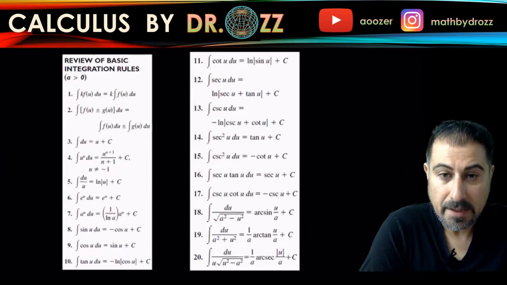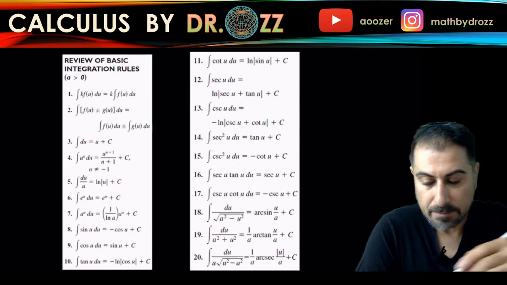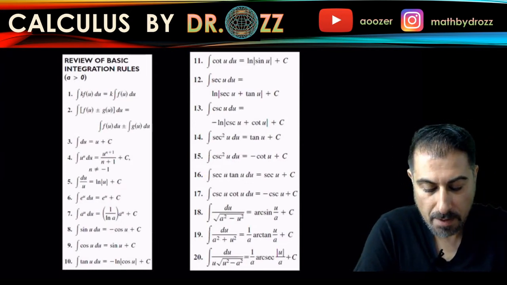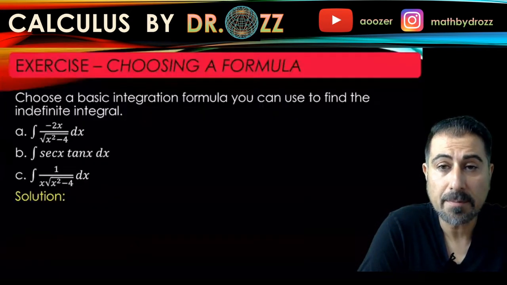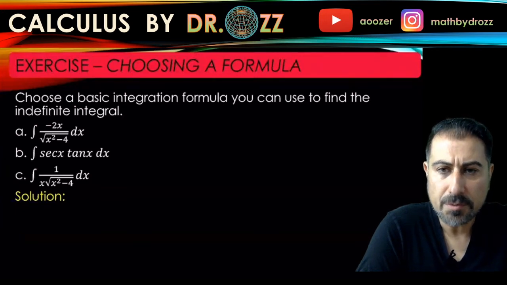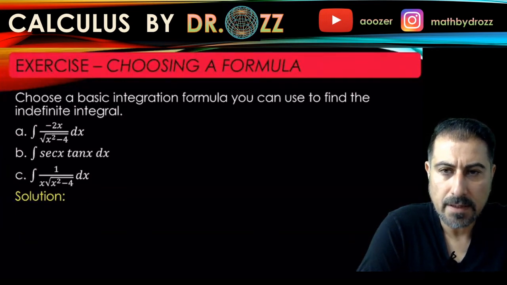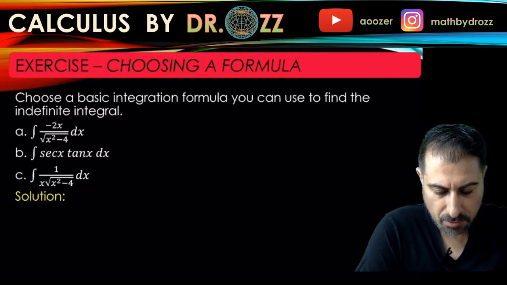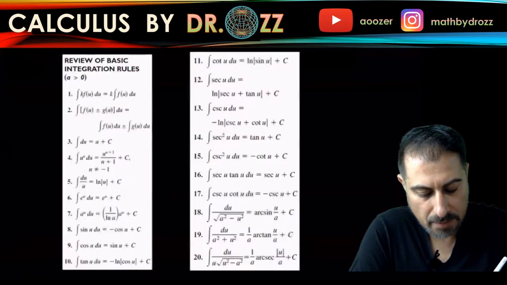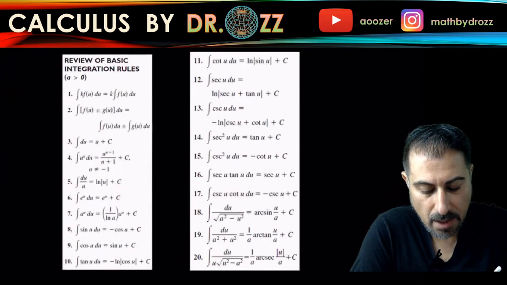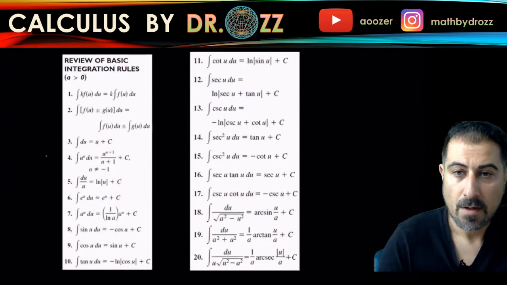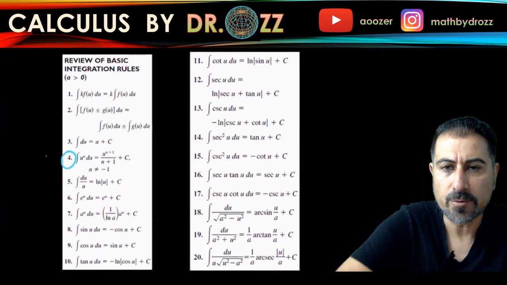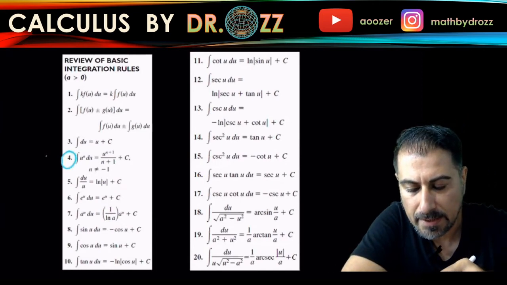Since we have x squared minus 4 in the bottom and negative 2x at the top, I think u substitution is going to work fine. And then we should probably use the u to the n du formula here, which is number 4. Number 4 seems very reasonable for part A.